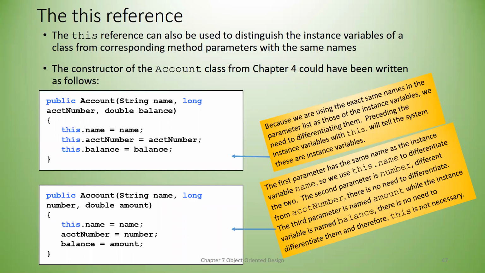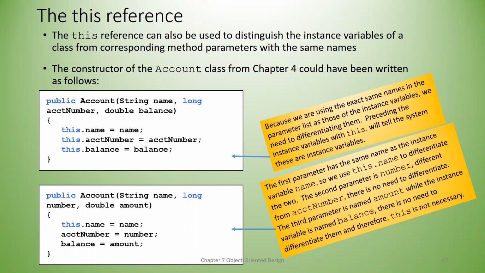So how do you differentiate them? You use this to differentiate them. So let me ask you, what does this reference? Which one? With the two names, which one is the instance variable?